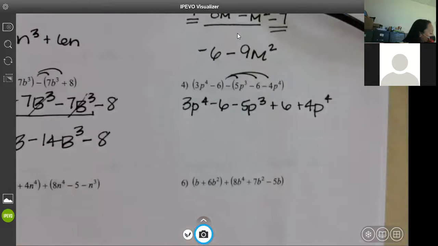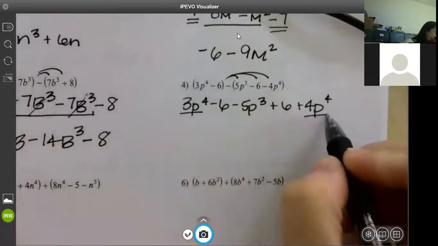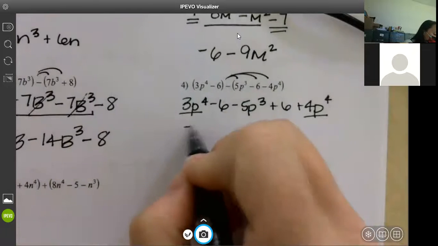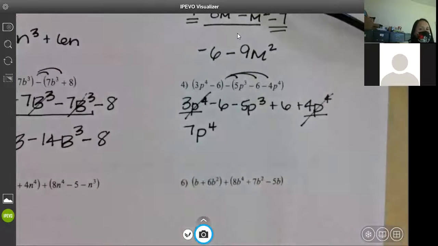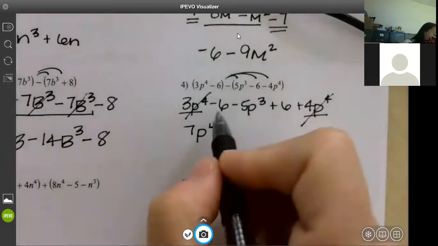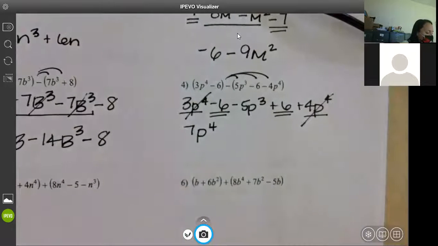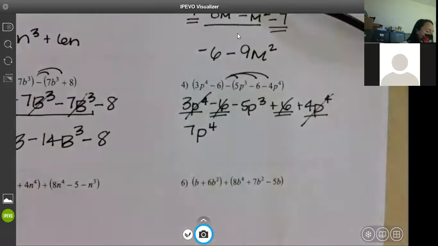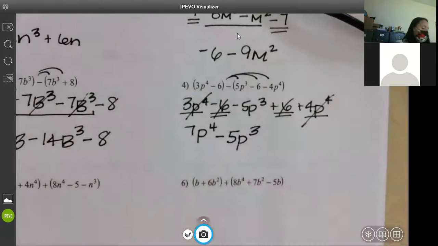Once you change all the signs, find your like terms. 3p to the 4th plus 4p to the 4th. 3 plus 4 is 7, and what made them alike was p to the 4th. So they're done. We have a negative 6 plus 6. What happens when I add those together? It cancels out, or it gives you 0, and it doesn't matter, so you don't have to write them down. And then the last thing we have is a minus 5p cubed. That's it.